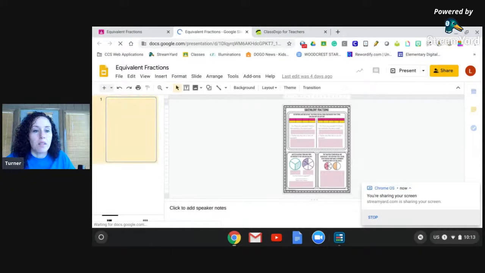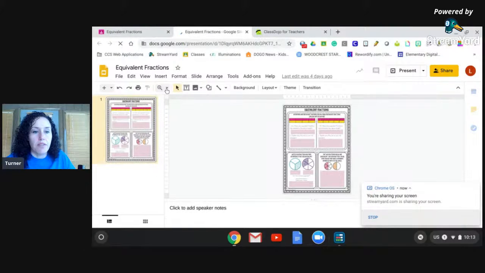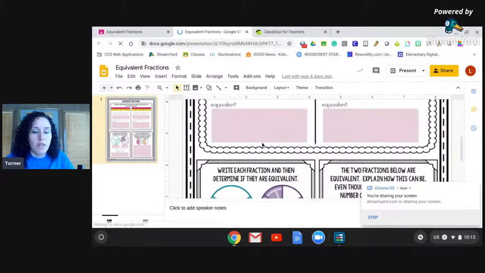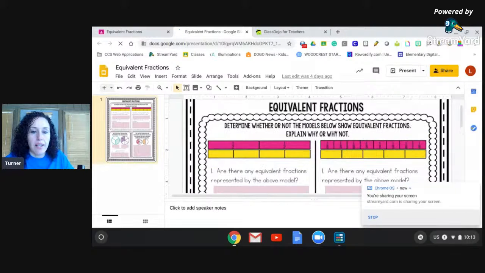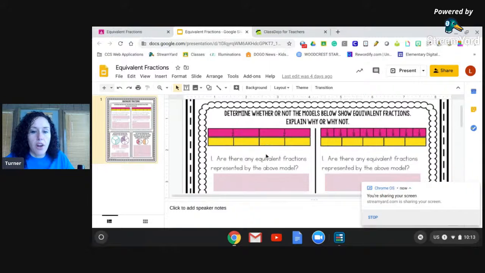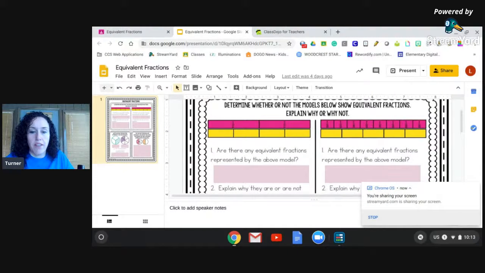So I'm going to zoom in just a little so it's easier for me to see. Okay, so it gives you two fraction bars, right? This one has halves, and this one has fourths. It asks, are there any equivalent fractions represented by the above model?